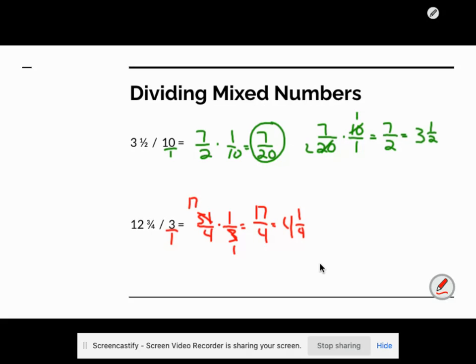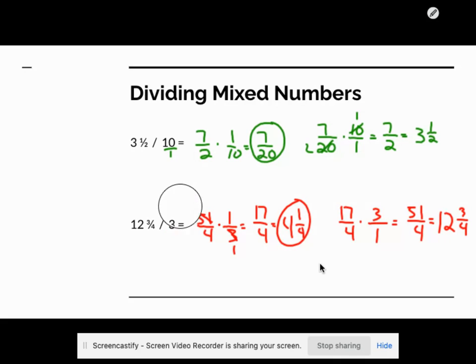Now, if I wanted to check by multiplying, I could take this 17 over 4 times 3 over 1, which equals 51 over 4. This goes in 12 times with 3/4 left over. So then I know my 4 1/4 is my correct and final answer.